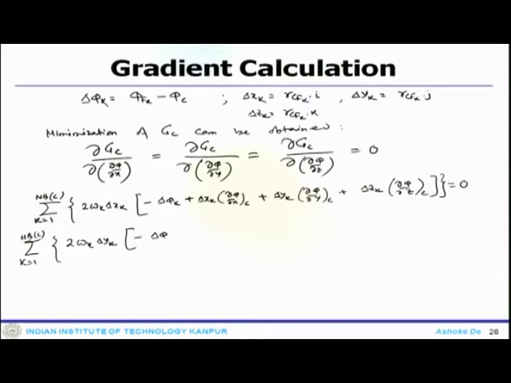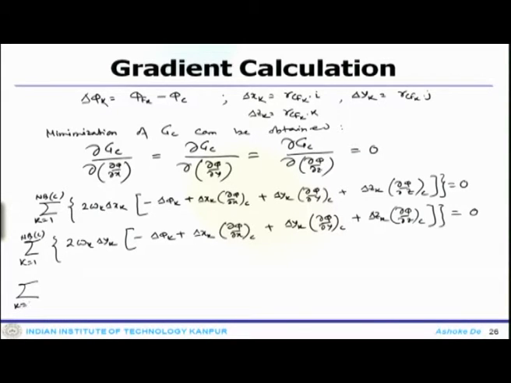So, it will be delta phi k plus delta xk del phi by del x C plus delta yk del phi by del y C plus delta zk del phi by del z C. So, that gets you the second one, and the third condition will get you another expression on delta zk.